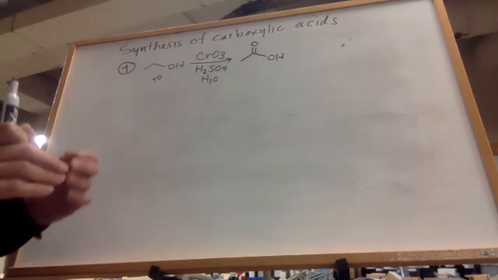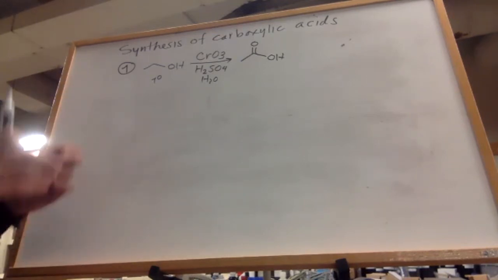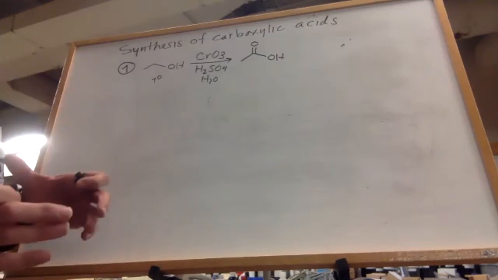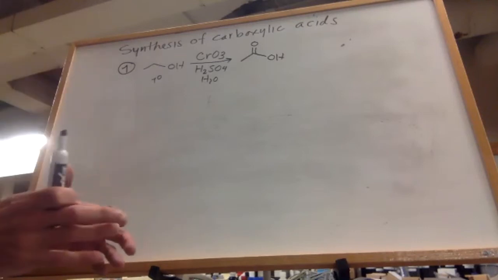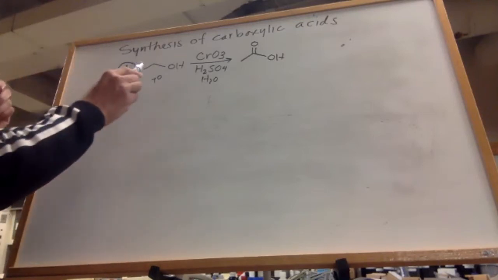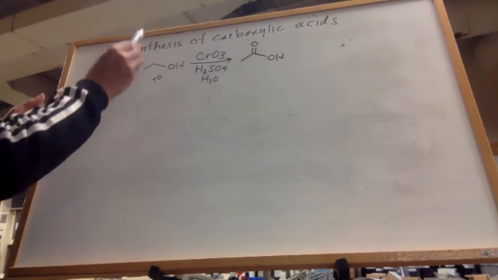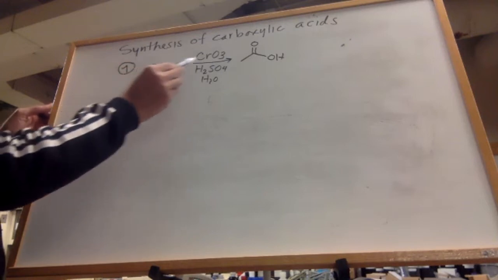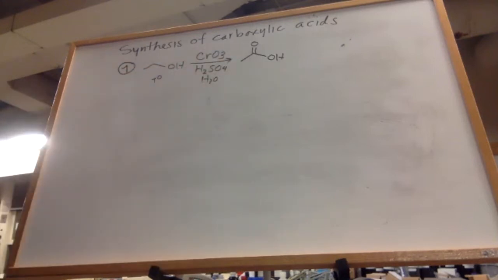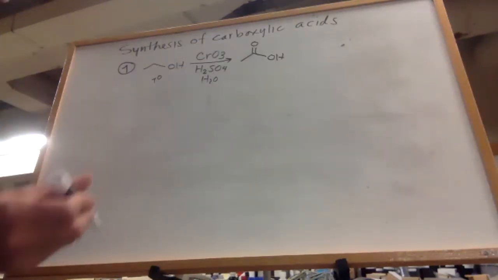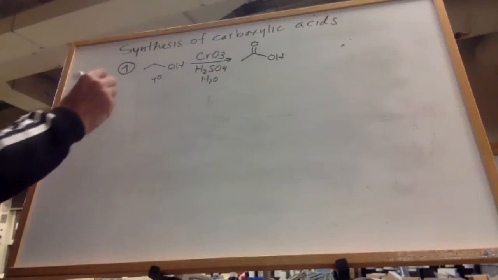And just like reduction means more bonds to hydrogen, oxidation means fewer bonds to hydrogen or more bonds to oxygen. The primary alcohol carbon starts life with 1 bond to oxygen, and in the product now it has 3 bonds to oxygen. So that's an oxidation. That's one of the hallmarks of oxidation.